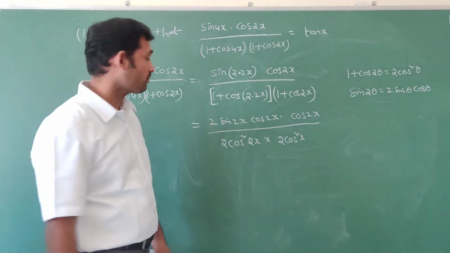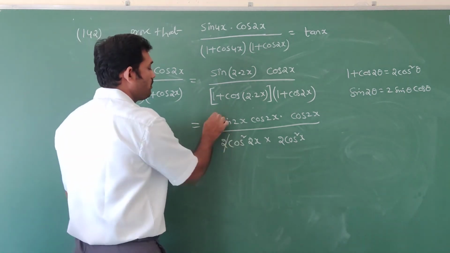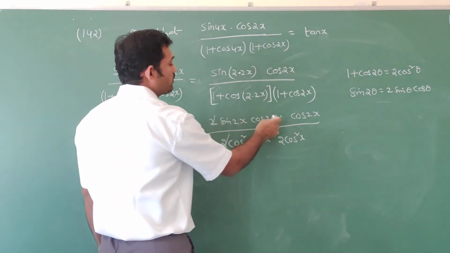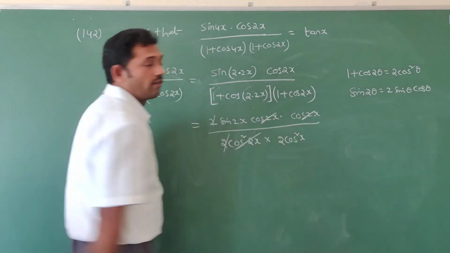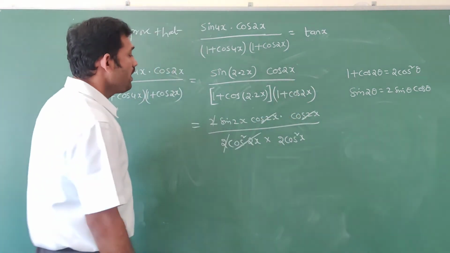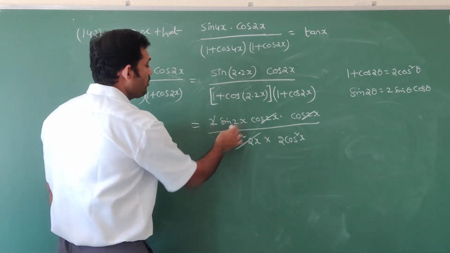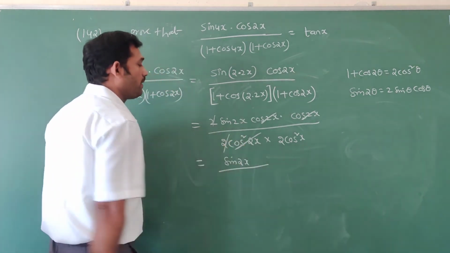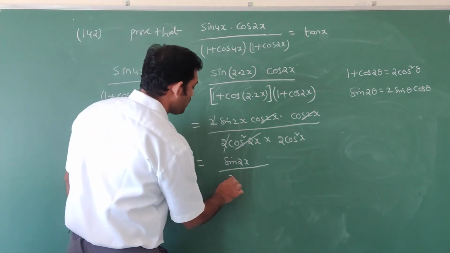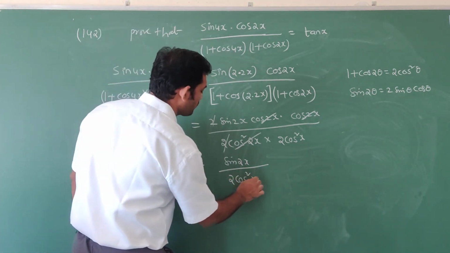Understand? Now the 2s get cancelled, and cos 2x, cos square 2x will be cancelled. The remaining numerator is sin 2x, divided by 2 cos square x.